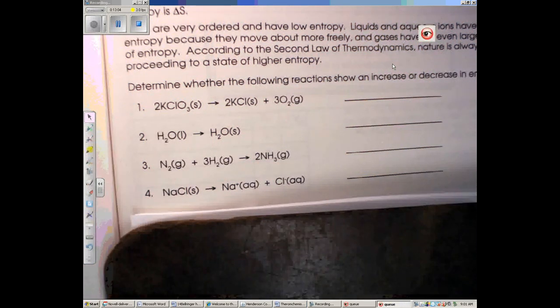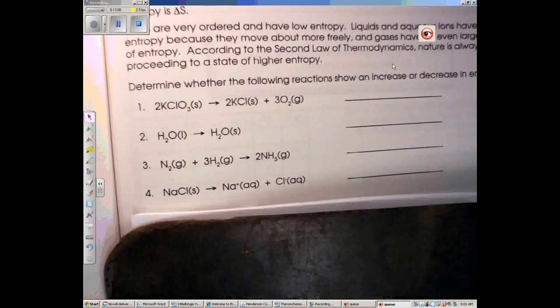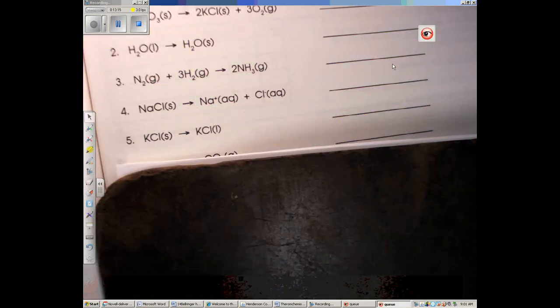Positive. A solid, those ions can't move around, and now if it's an aqueous solution, those ions can move around. There's more disorder there. Positive. We're going to more disorder because we're going from a solid to the liquid.